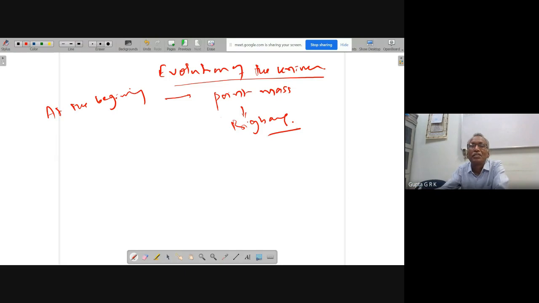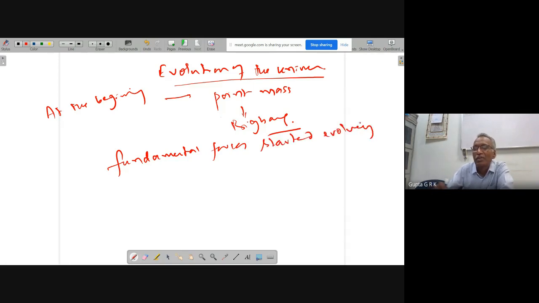That is the beginning of the universe, and it started expanding, and slowly the fundamental forces started evolving or emerging, right? So the first fundamental force we get is gravitational force.